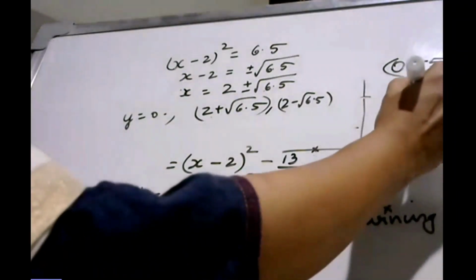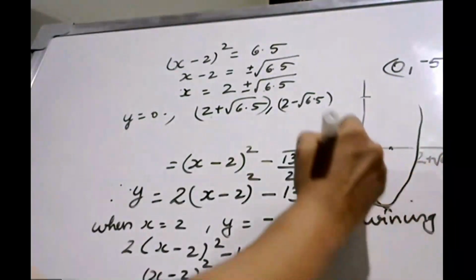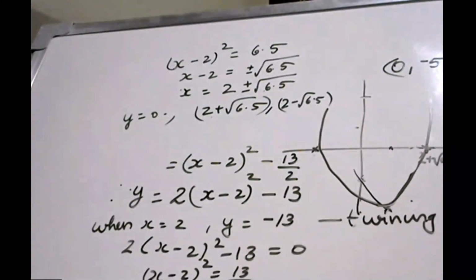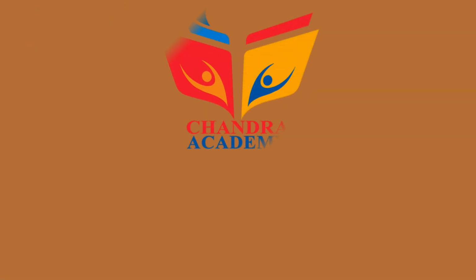So the curve will be somewhat like this. Is this clear? Krishna, do you have any doubt in this? No. Okay. Ishan, have you got it? Yeah, I've got all the working out. Thanks. Okay, so let me give you the next question.